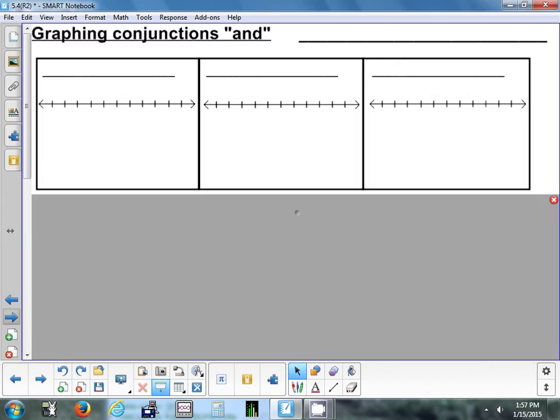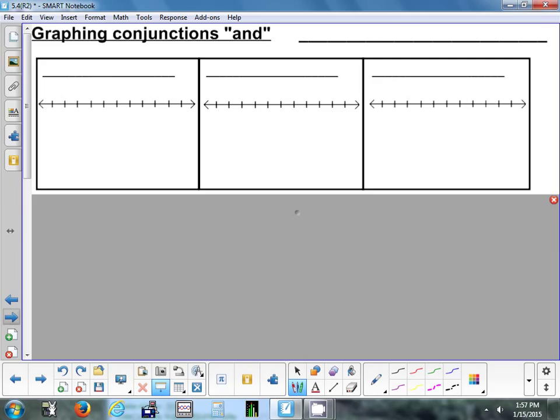Now we're going to get into and situations. All right? Now these ands, like the ors, they're greedy. They want to take it all. They want to show you everything. These people, the ands, they're snobby.